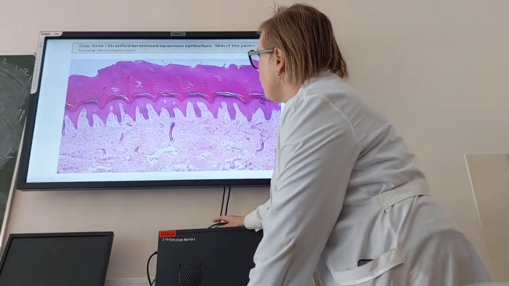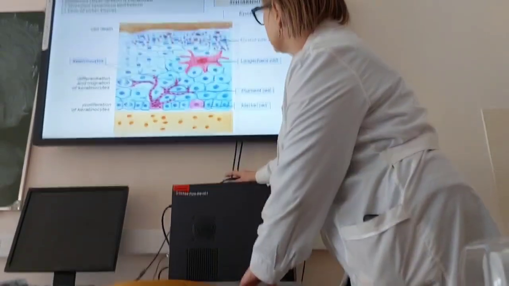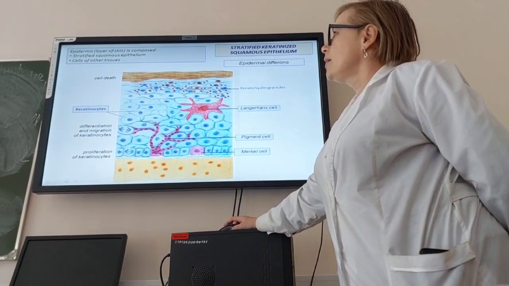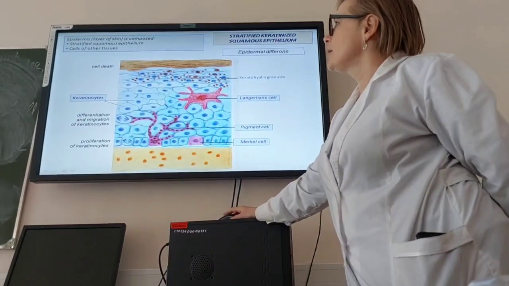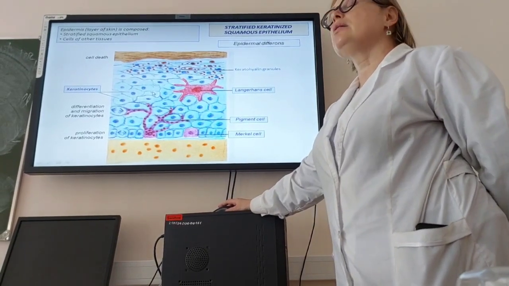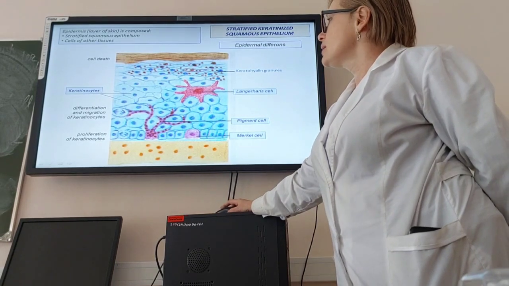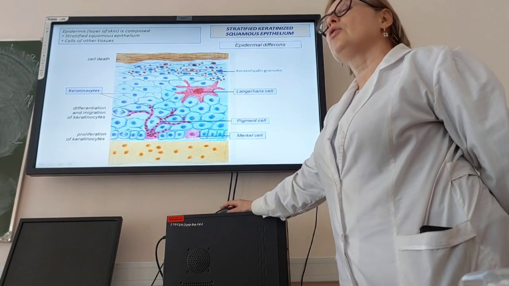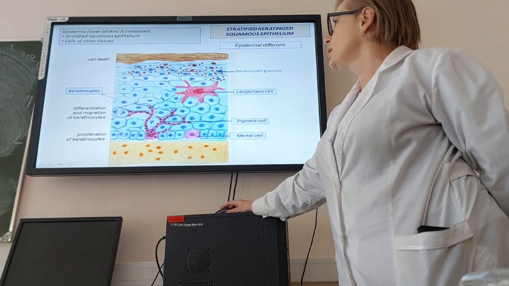Okay. Also, I would like to return to this diagram. This diagram is at the same time epithelial, but among epithelial cells we can see other cells that belong to different differons. For example, the pigmental cell. Who remembers the source of origin of the pigmental cell?